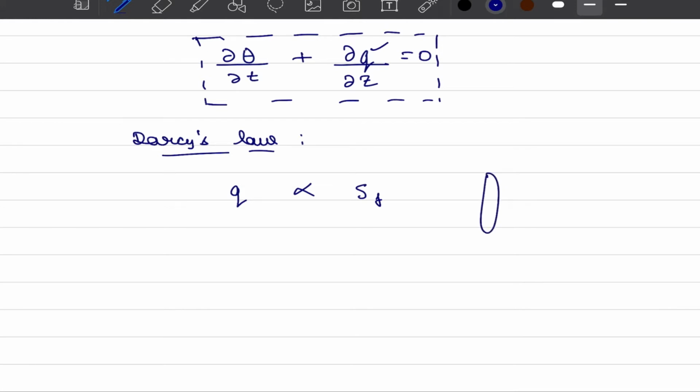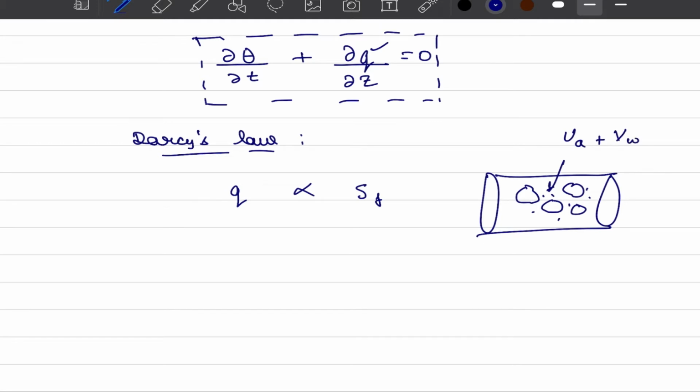Now, as we discussed, soil is a porous media, so we have soil particles, and in between them there are voids. These voids could be occupied by air or by water. Whenever water is flowing through that, of course it depends on the characteristics of the soil, or how conducive the soil is to let this water flow.